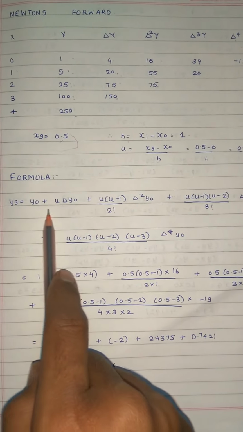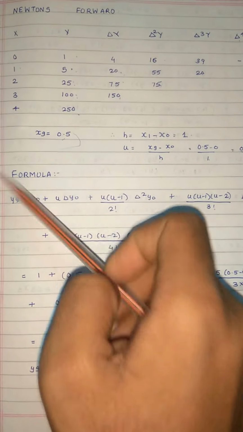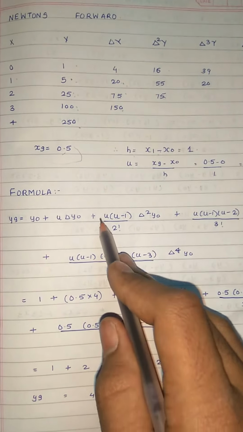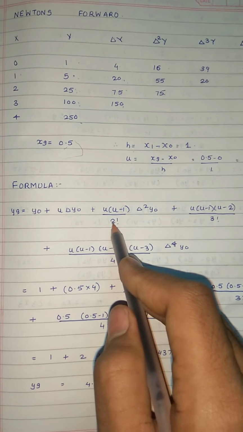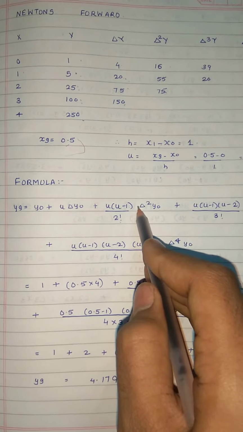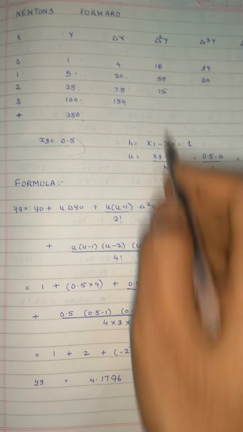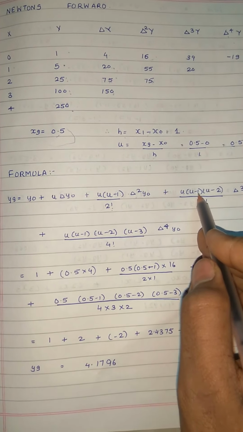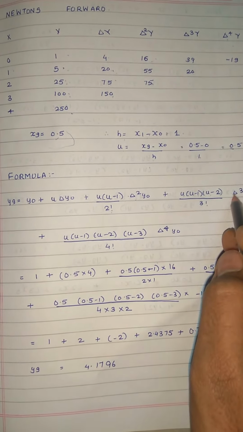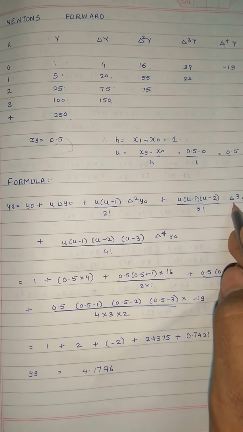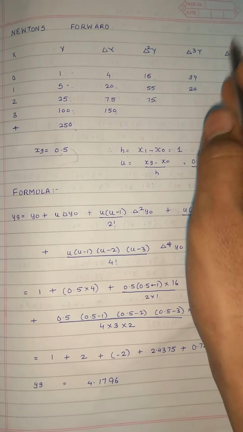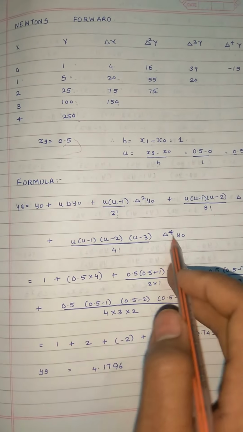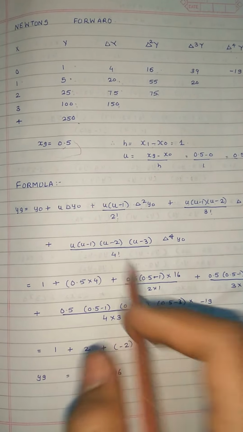So the formula goes: y0 for the first value plus u into del y0, plus u minus 1 upon 2 factorial into del square y0, plus u minus 1, u minus 2 upon 3 factorial into del cube y0, and for the last one, u minus 1, u minus 2, u minus 3 upon 4 factorial into del 4 y0.